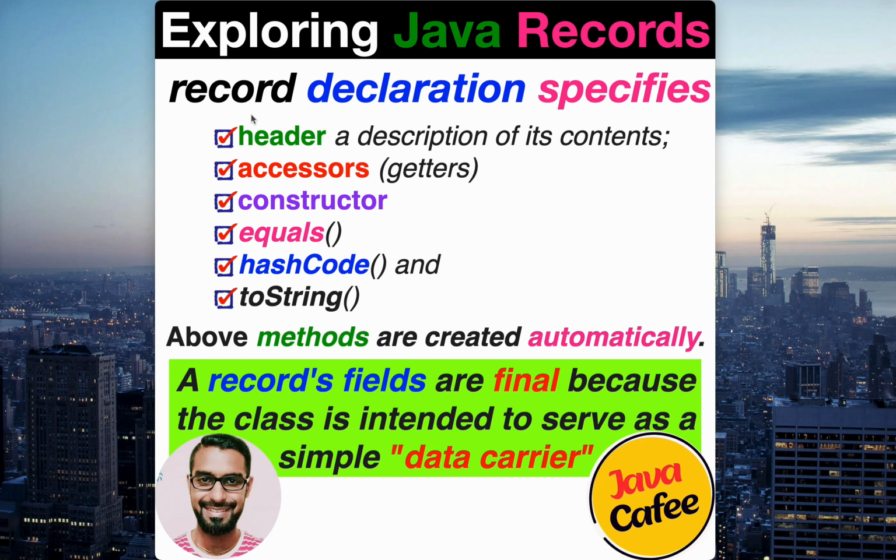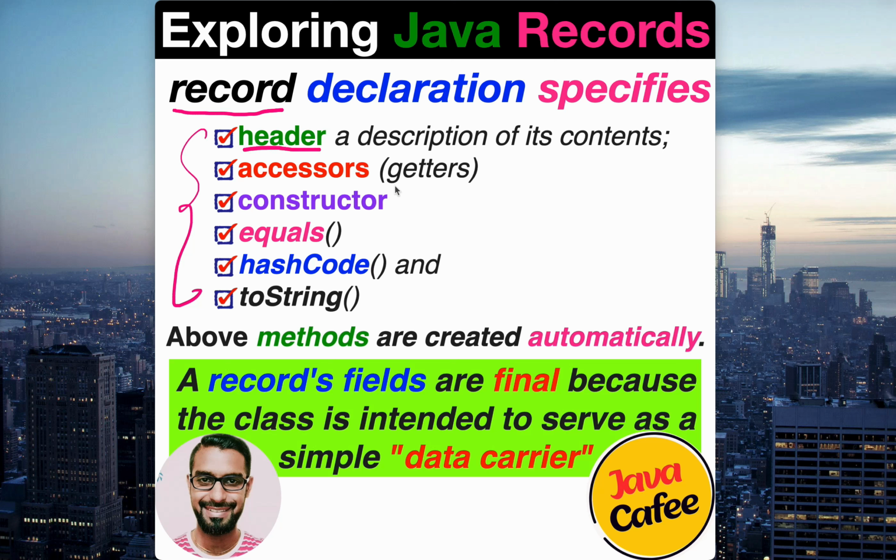So the next thing that we have to look at here is the record declaration specifications, where the list of the elements that's been declared here on this slide is actually explaining the actual components which are going to be automated. That means in the traditional data carrier class, we used to have the explicit declaration of the class.